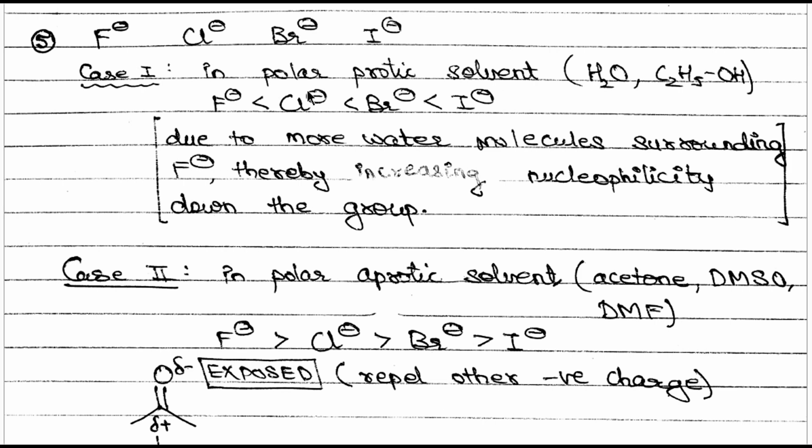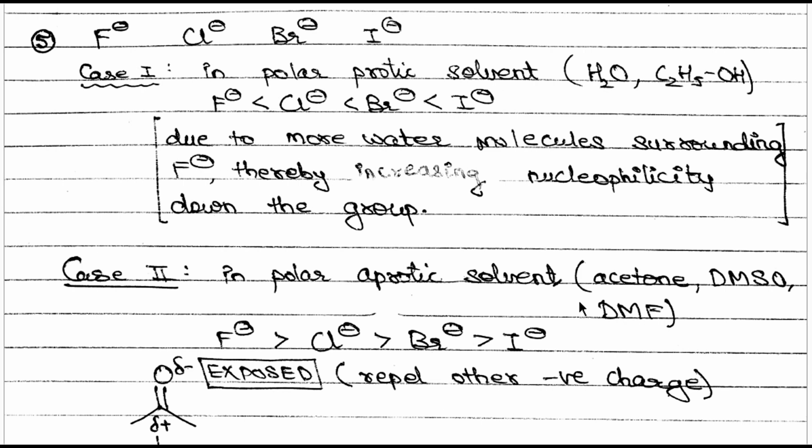So firstly, polar protic solvents are polar solvents having a tendency to give away H plus ions. Examples: water, ethanol. And polar aprotic solvents are polar solvents but with no ability to give H plus. Examples: acetone, DMSO, DMF, and acetonitrile, that is CH3C triple bond N or methyl cyanide.